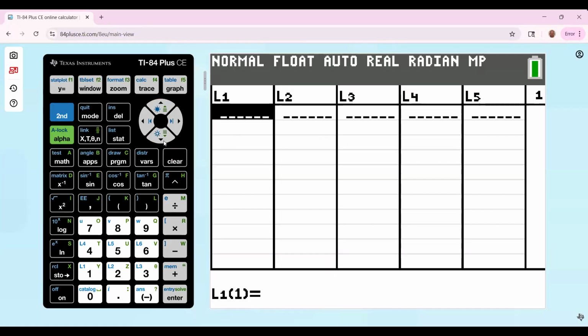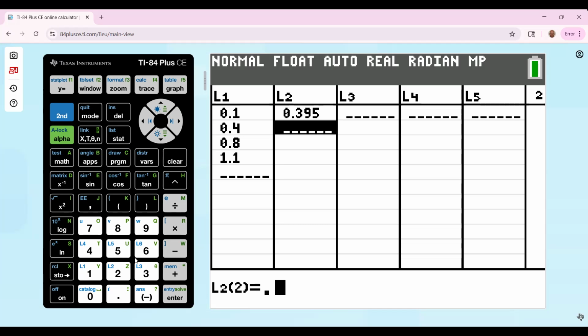And so when we do that, we're going to plug in: we had 0.1, then we had 0.4, then we had 0.8, and then we had 1.1. Okay, then we had the 0.395, and we had the 0.626, and then we had 0.789, and then we had 0.877.